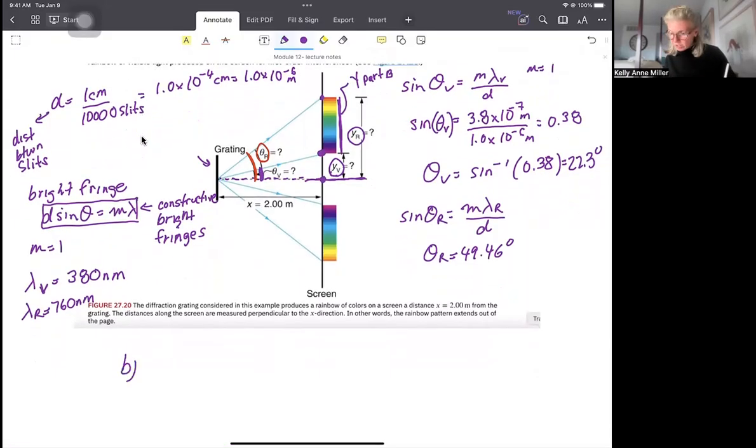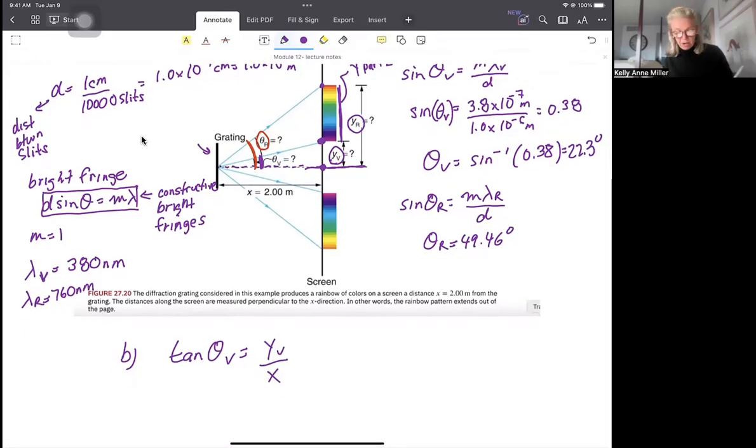So for part B, tangent of the angle for violet is just the opposite, YV, divided by the adjacent, which is x, the distance to the screen. Okay, so I'm looking for YV. I want to know where that violet appears on the screen.